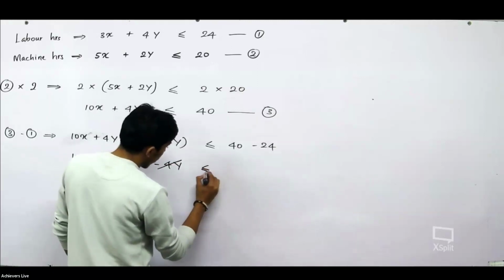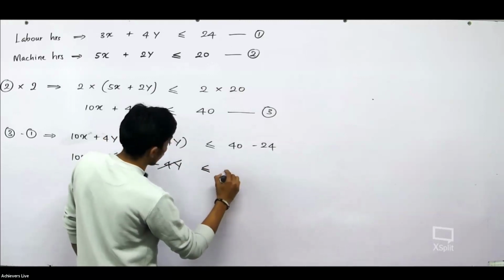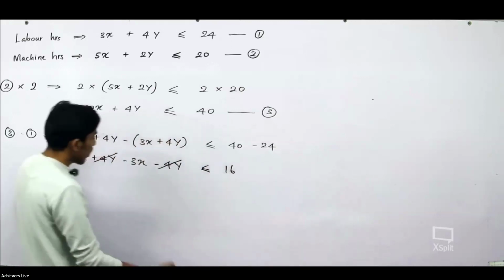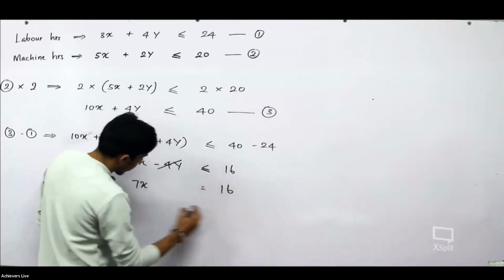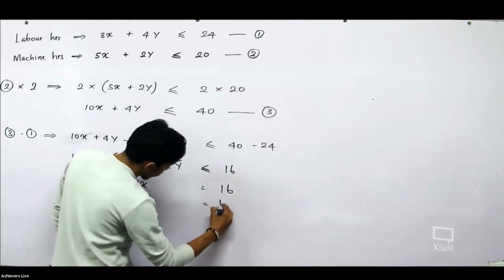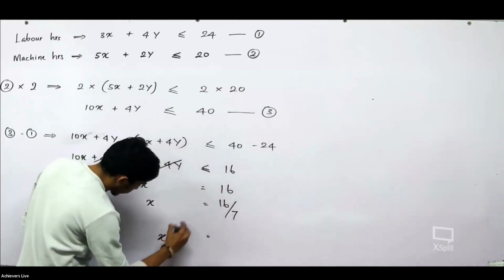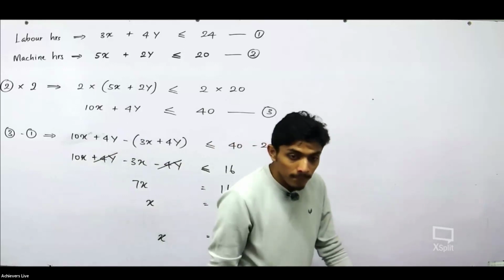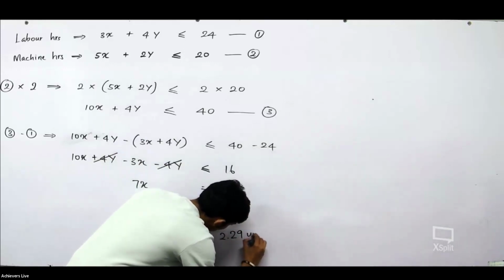Equal or less than how much? 16. Which means 7x equals 16. Then x equals 16 divided by 7. How many units? For 2 decimal places, 2.29 units.